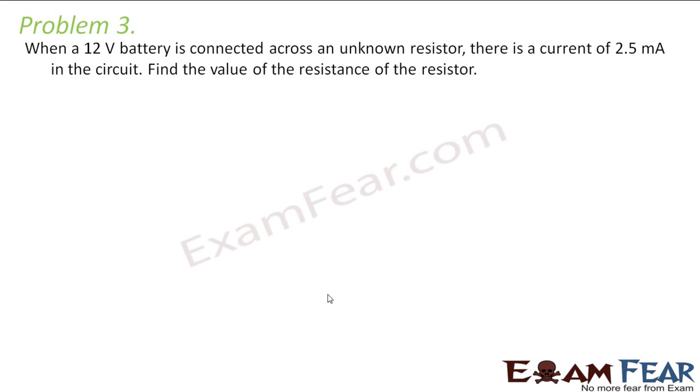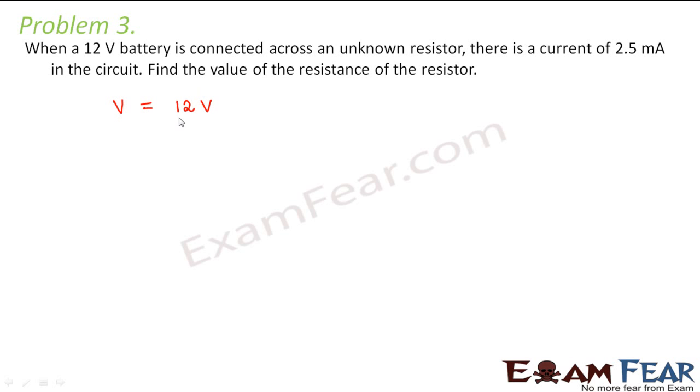Let us look at the third problem. It says when a 12 volts battery is connected across an unknown resistor, there is a current of 2.5 milliamperes in the circuit. Find the value of the resistance of the resistor. So what is given here? A battery of 12 volts.